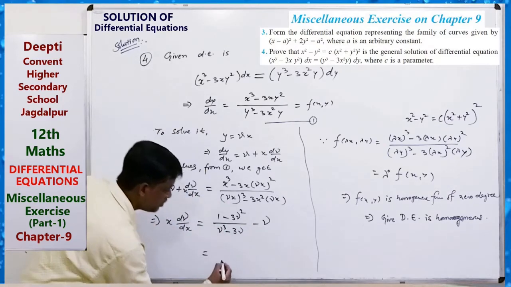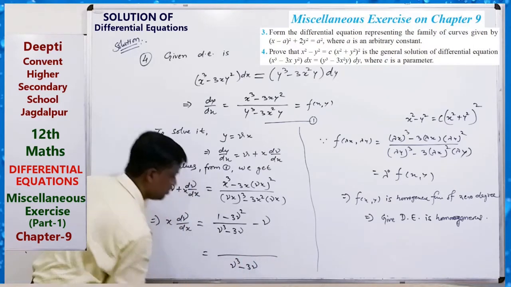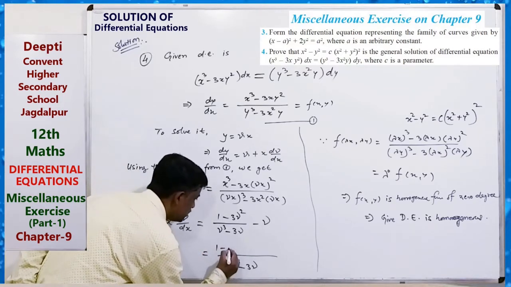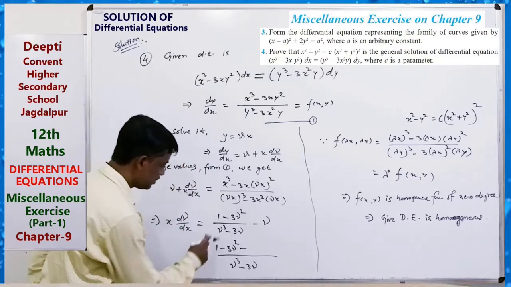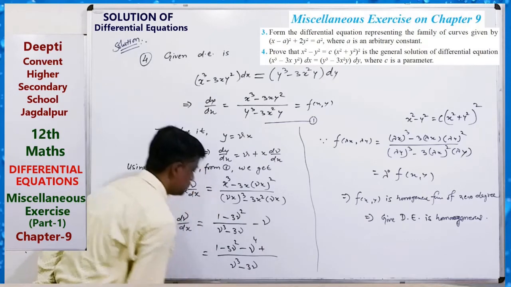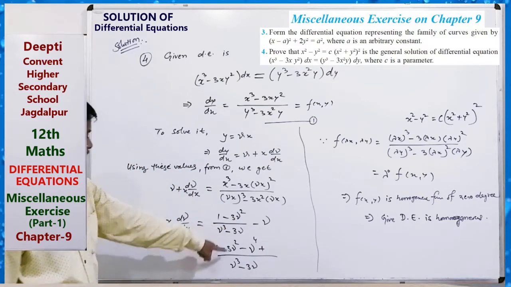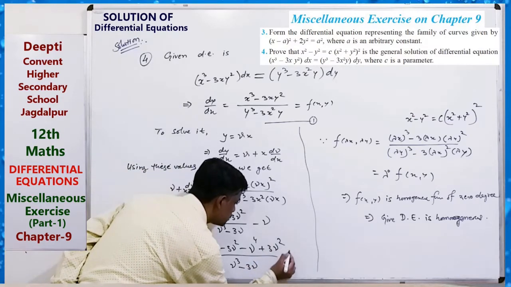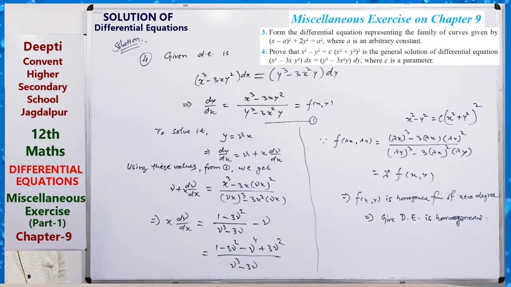Now taking LCM, we can see that v cube minus 3v, v cube minus 3v equals to 1 minus 3v square minus v power 4 plus 3v square upon this, just like this.